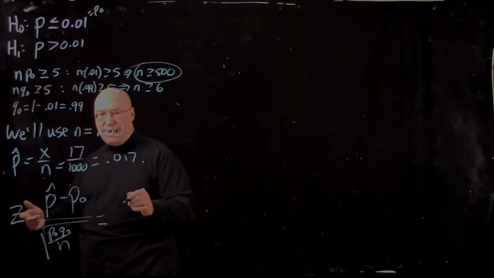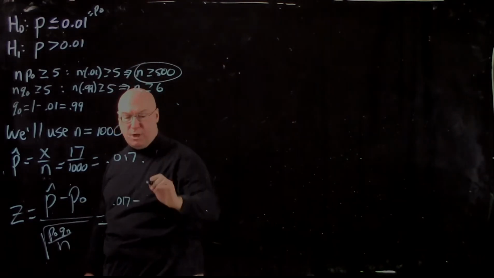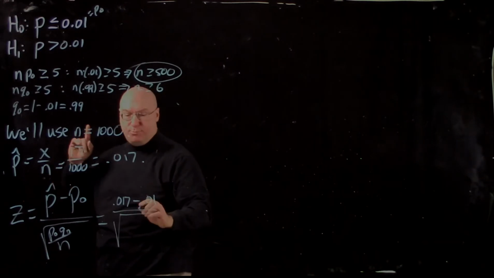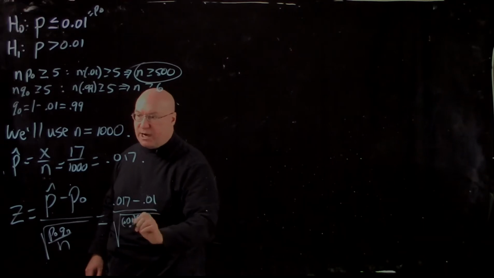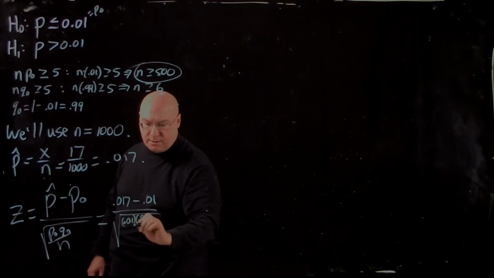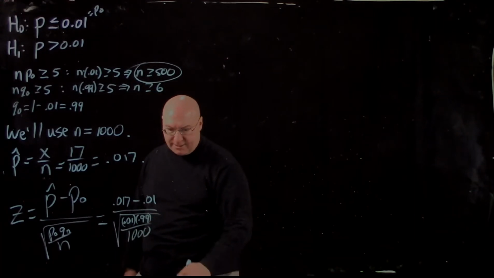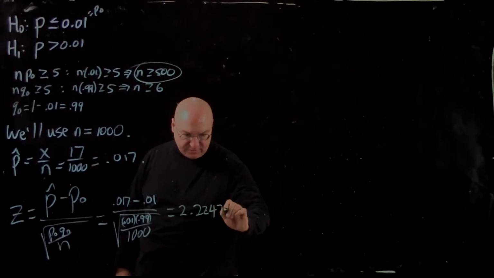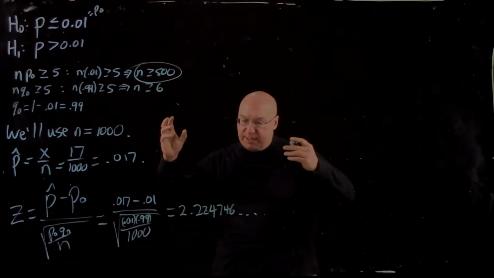That's equal to p hat, 0.017, minus p naught, 0.01, all divided by the square root of p naught, 0.01, times q naught, 0.99, all divided by n, which is 1,000. If you work that all out, you get 2.22474, etc.